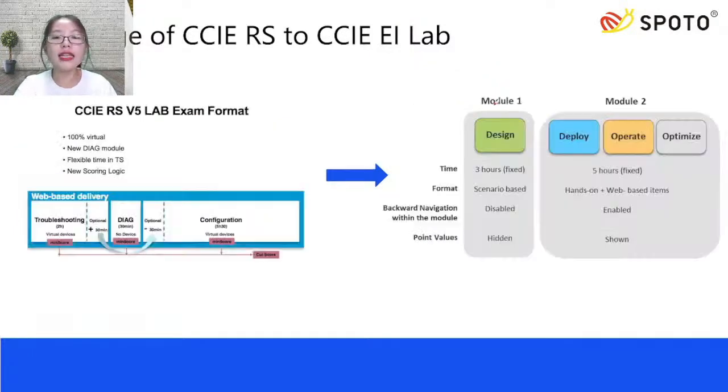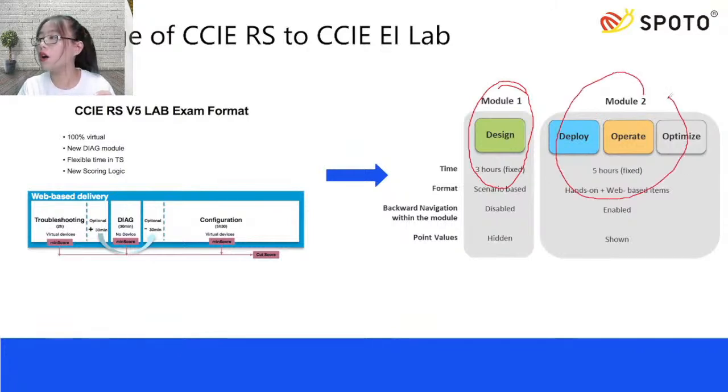So instead of having 3 modules as the old CCIE Routing and Switching did, the new exam has 2 modules. One is design and the second is the deploy, operate and optimize. So, can I pass CCIE without work experience?